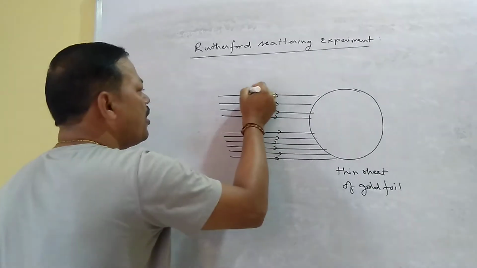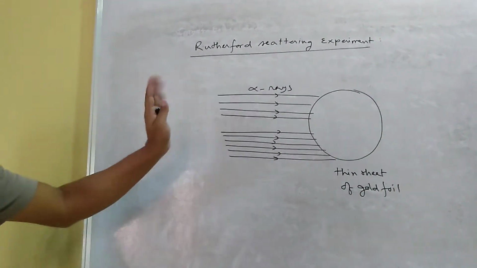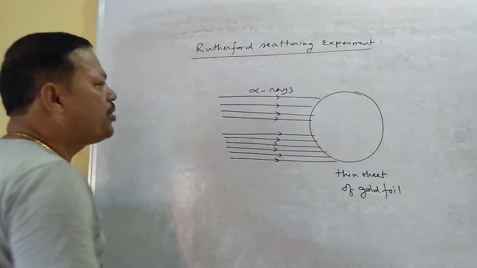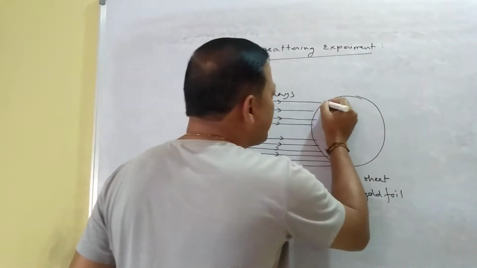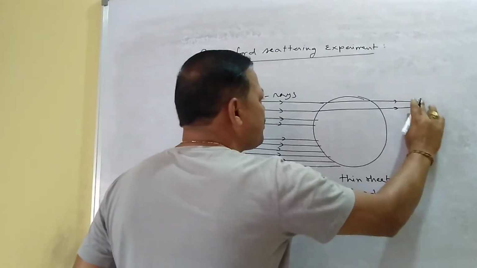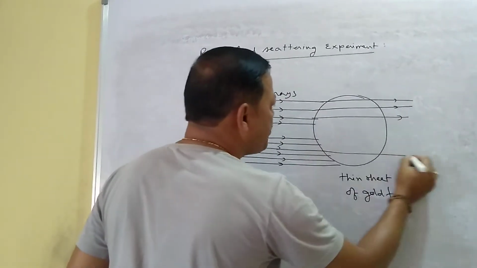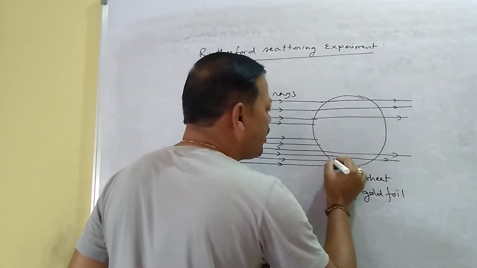When the alpha rays are passed through the gold foil, it is found that maximum of the rays pass through the foil without any deflection. They pass through the foil like this. Maximum rays pass through the foil.